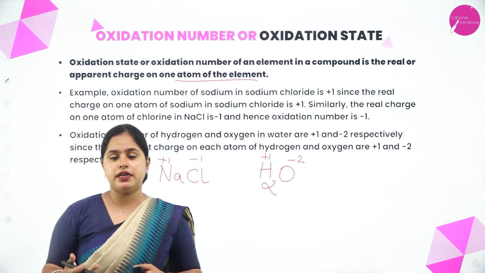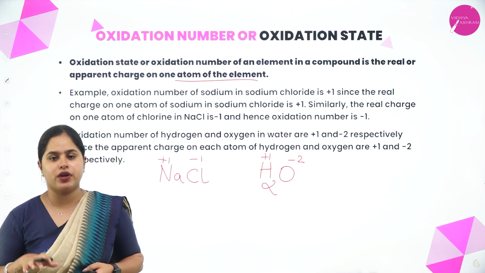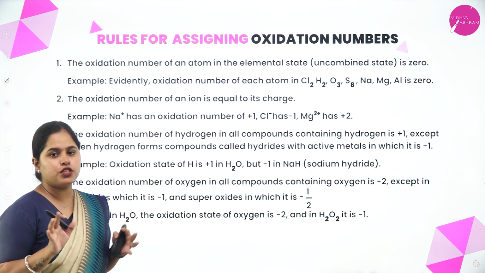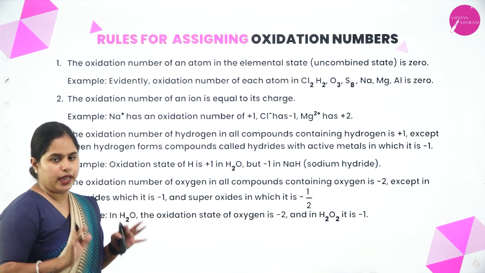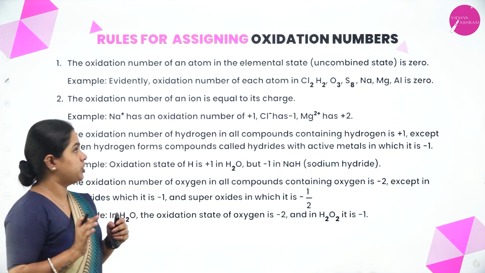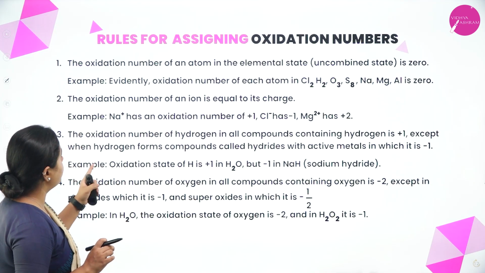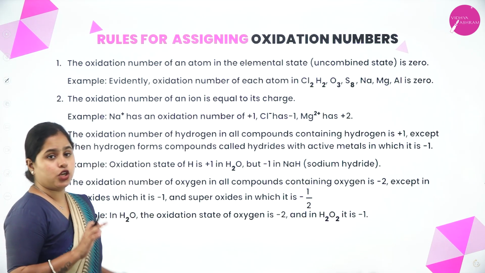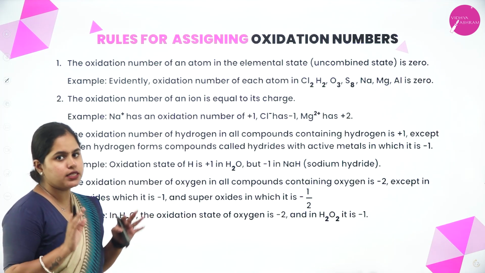To understand better how you can determine the oxidation number, we are going to study a set of rules here. Once you are clear with that, you will be able to calculate the oxidation number. So let's begin with the first one. The oxidation number of an atom in the elemental state or uncombined state is always 0.